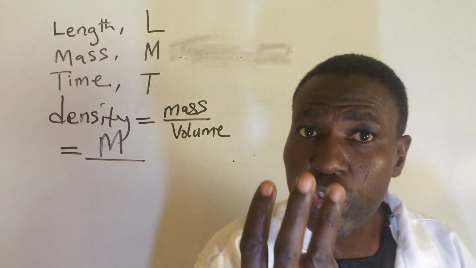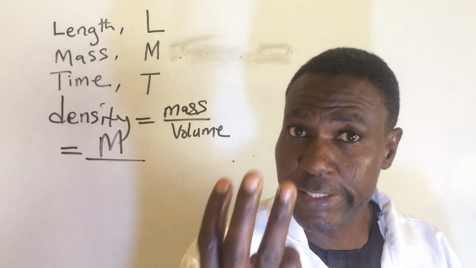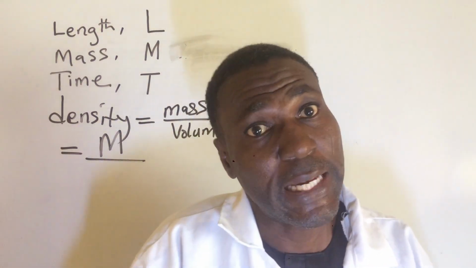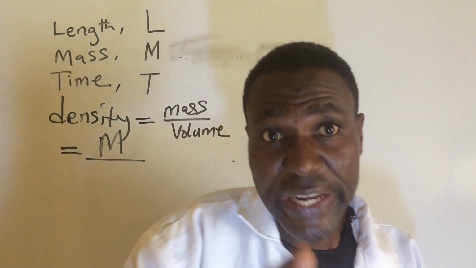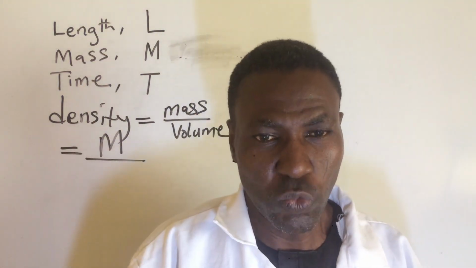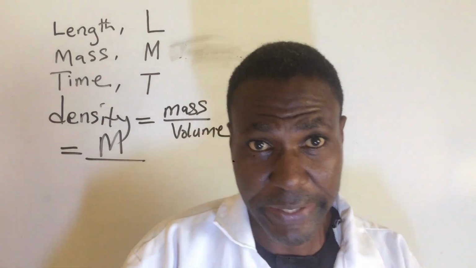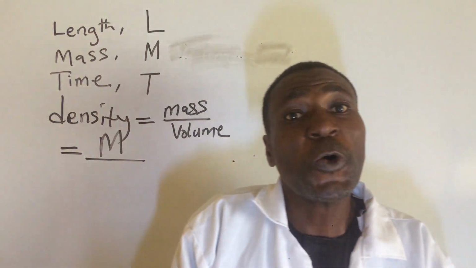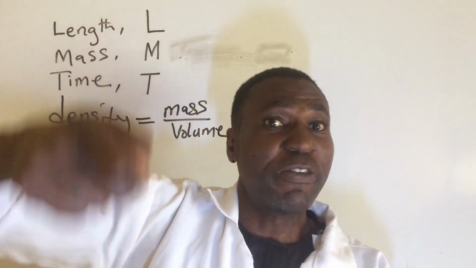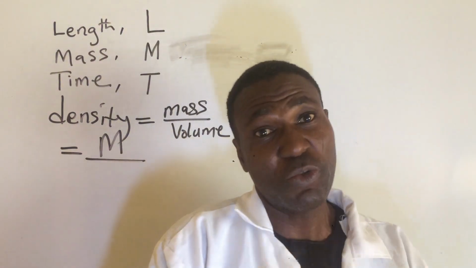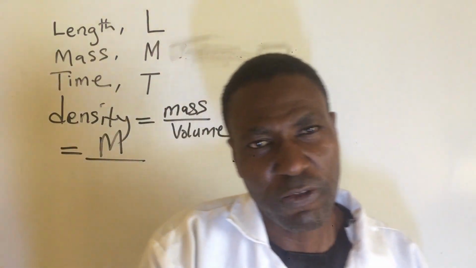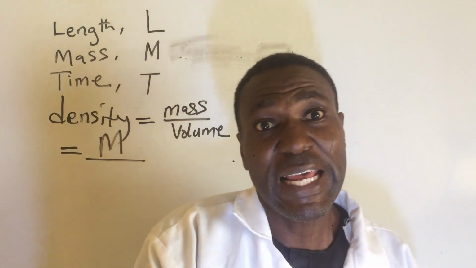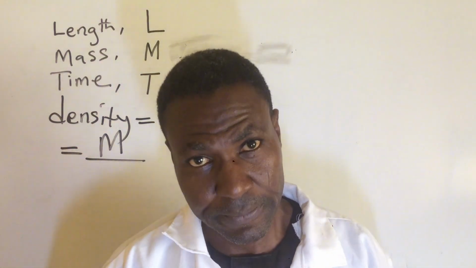But all these three things have to do with length. Breadth is also length in measurement. We measure the length of the breadth. Height is also measuring the length of the height, and the length is also measuring the length, okay? So because of that, we now take length as all of them.